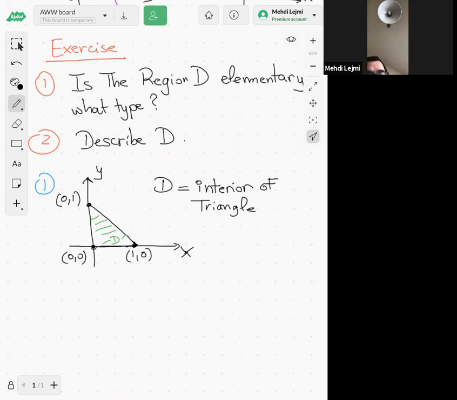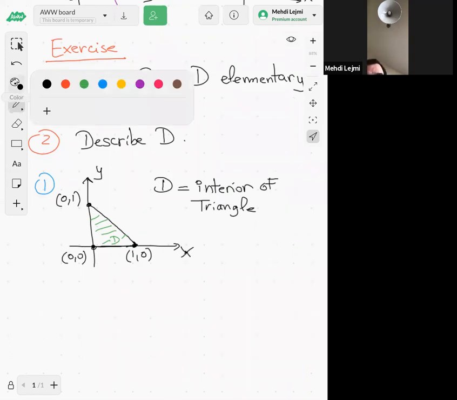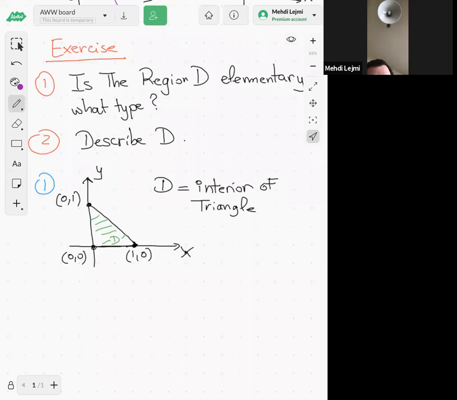So if you start with the x coordinate, at 0 you have this segment, right? So this is x equal to 0, right? Because each point of this segment, the x coordinate would be equal to 0, right? And then at 1, you have this point, x equal to 1, right? So what we are saying is, we have a segment here and we have a point here, all right?